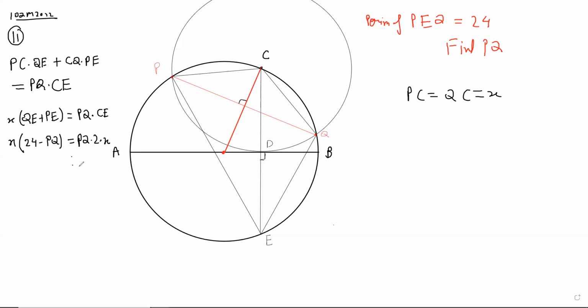Wow, this is a very nice question. Okay, it's just a trick, but yeah, the CD was also the radius.